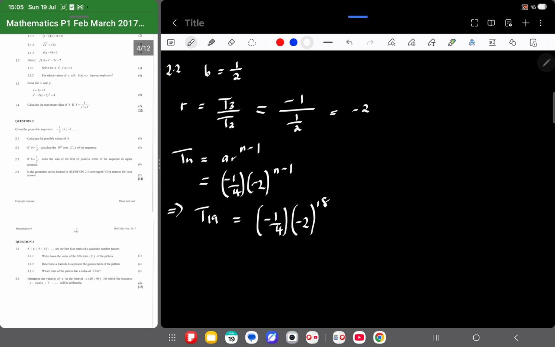And then when we put that in our calculator, -0.25 multiplied by -2 raised to the power of 18, we get -65,536.